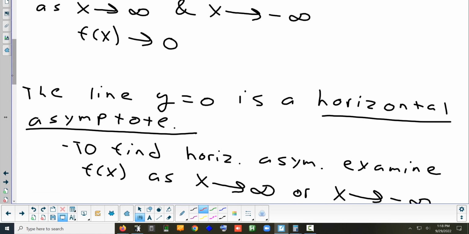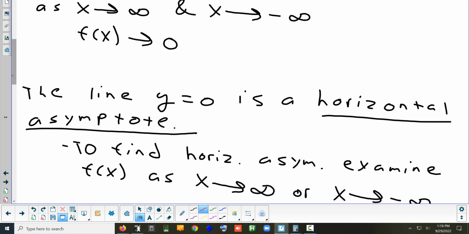And the way that you find a horizontal asymptote is you look at your graph and ask yourself, what's happening to my graph if I keep going to the right or to the left? Is it getting closer and closer and closer to something but never actually reaching it? If it is, then you have a horizontal asymptote. Parabolas don't have horizontal asymptotes.